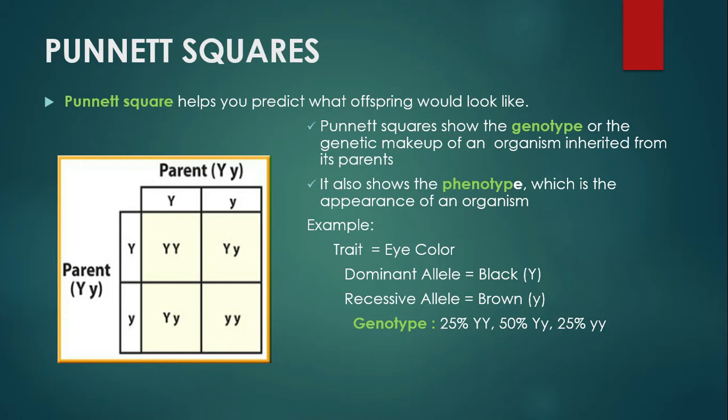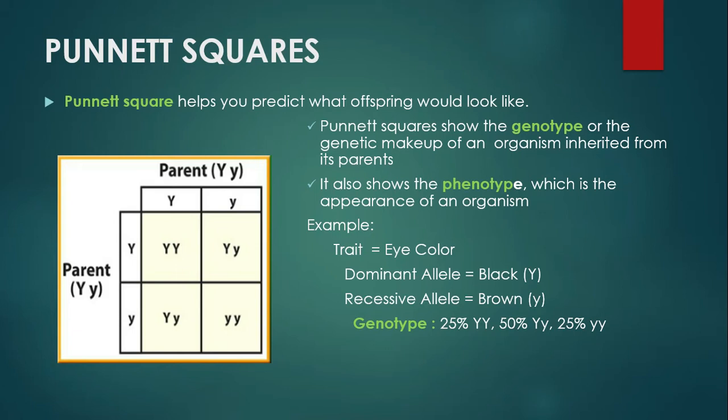And when you divide this square into 4, you can see that 25% of it, or one part of its box, has a result which is both capital letter Y, making it 25% of the whole box as homozygous dominant.